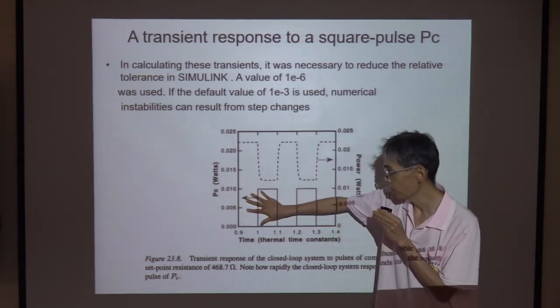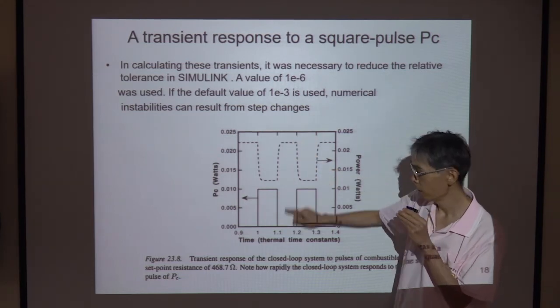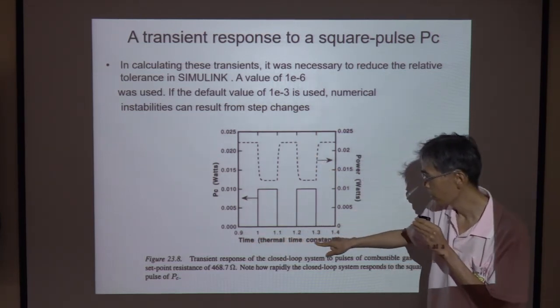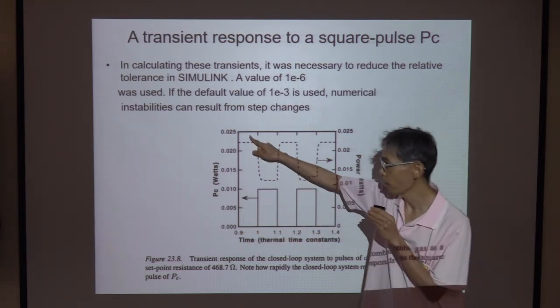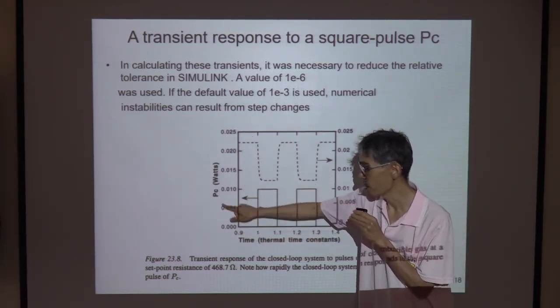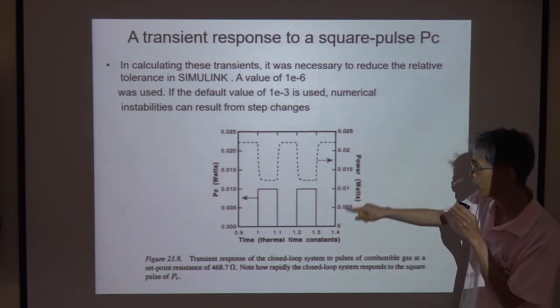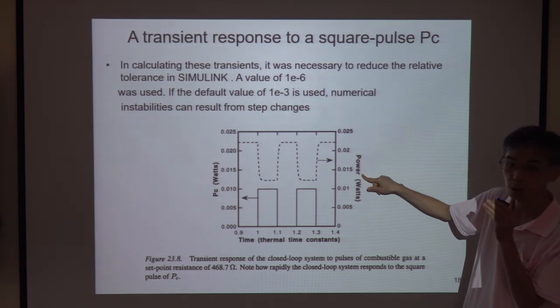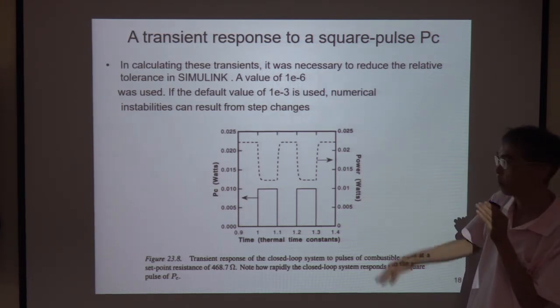Under this condition, what's the response of our system in terms of time? So x coordinate represents the time, left y represents chemical power, and right y represents the power from your power source, your power supply. Okay.